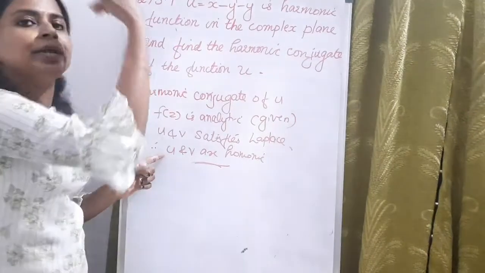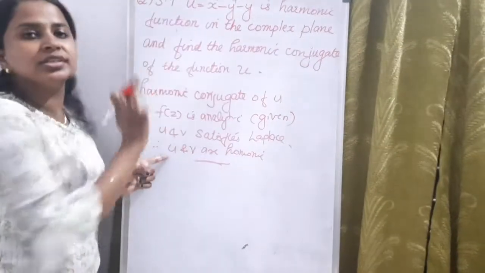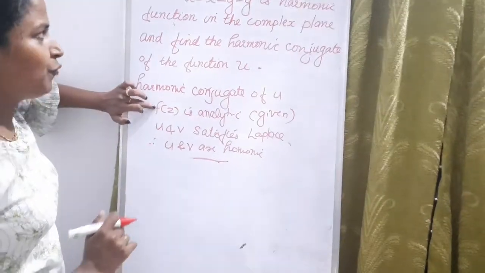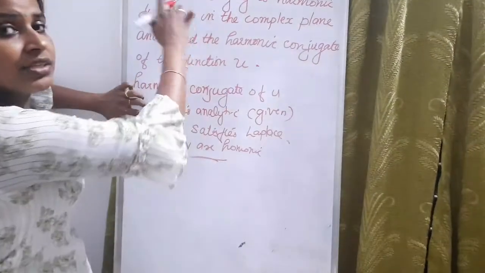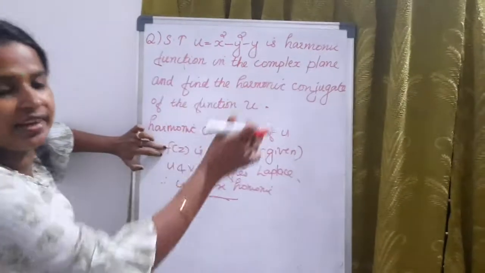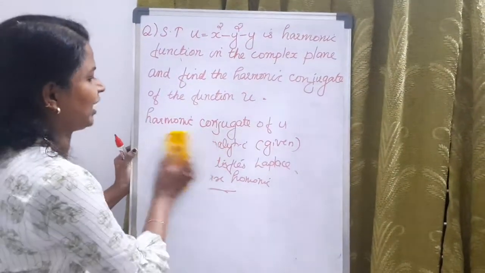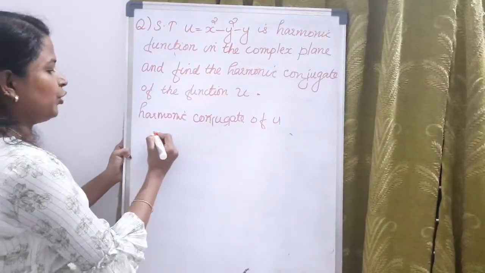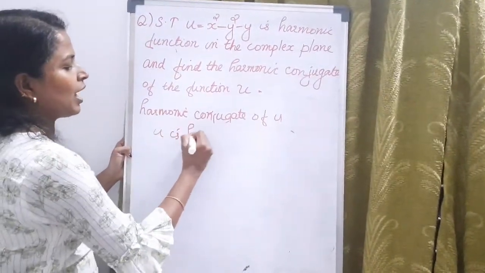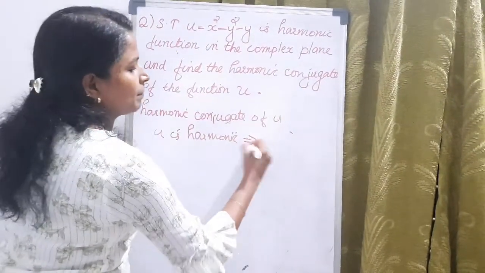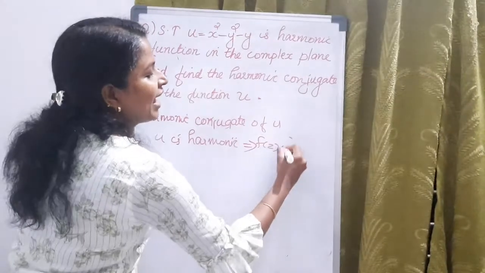Here we already proved u is harmonic, which means this u satisfies the Laplace equation and f of z is analytic. From this we get that u is harmonic implies f of z is analytic.